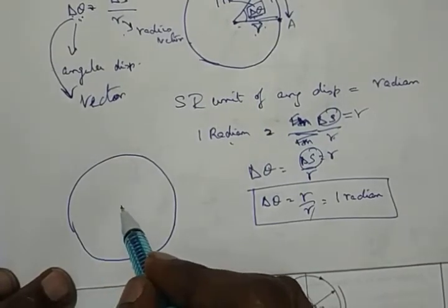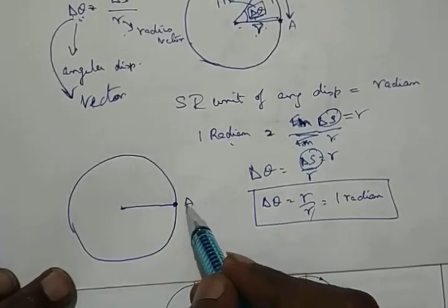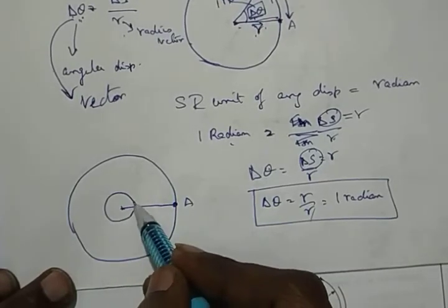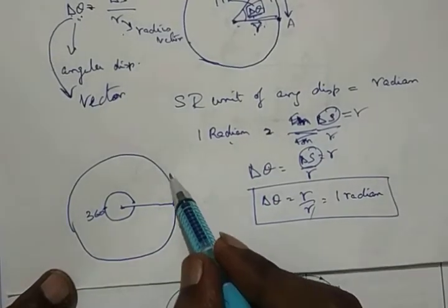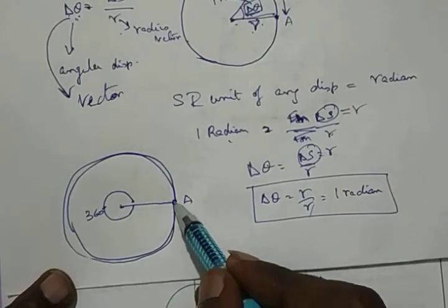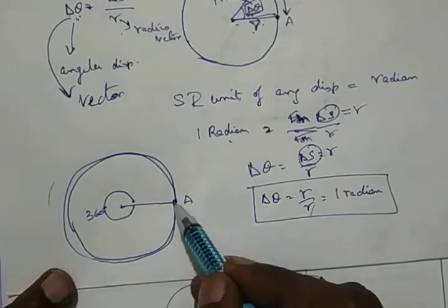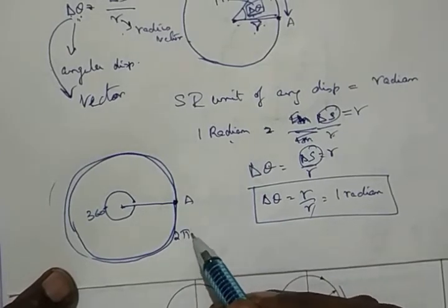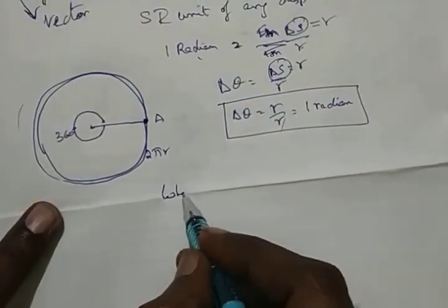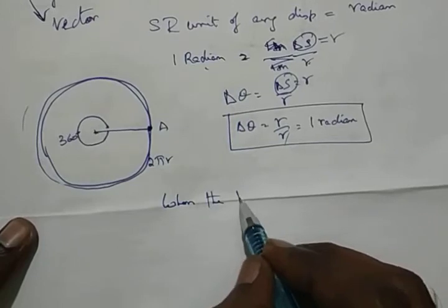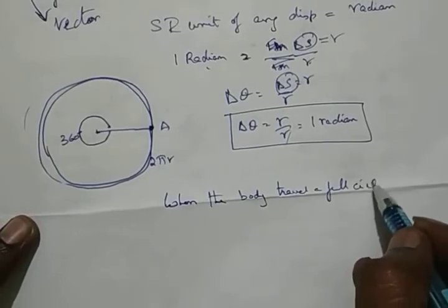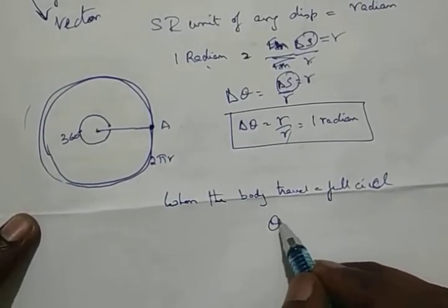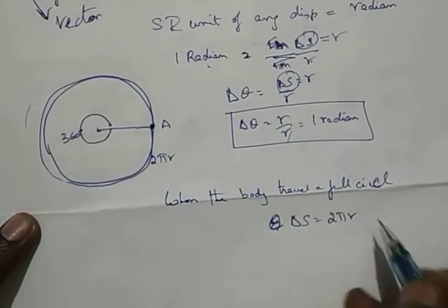Now, you go ahead and draw one more thing. When a particle starts from here and goes totally from one end to another end, goes 360 degrees, starts the whole thing and comes back. How much is the distance it has traveled? From A, it went and came back to the same point A. So its distance is 2 pi r. Write on the next line: when a body travels a full circle, delta S is equal to 2 pi r.